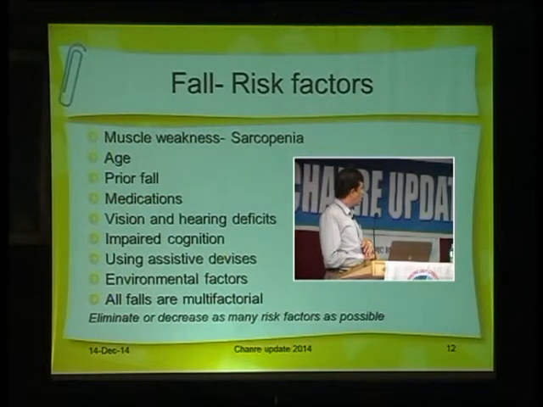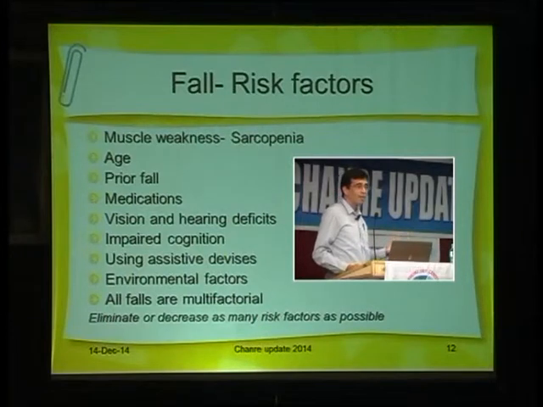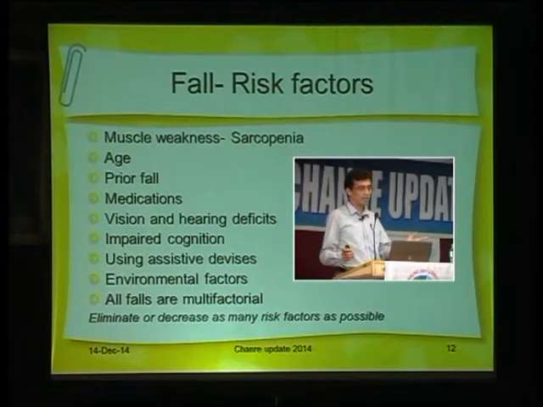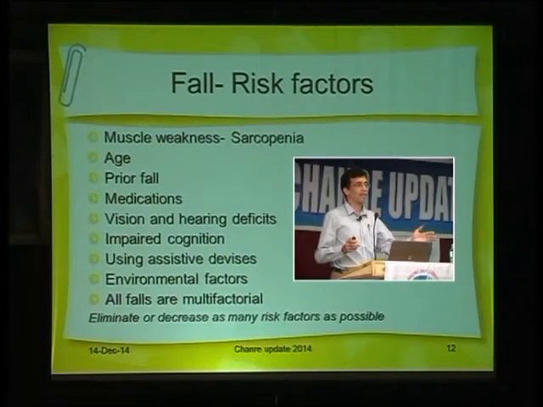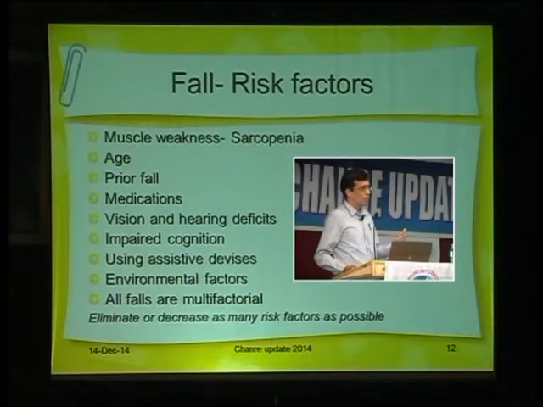And of course, environmental factors. Cluttered house. Most of our wives are very fond of changing the anatomy of the house. Suddenly they'll say, the sofa should be here. So if you have an elderly person living with you, be careful about this. They get up in the night and go to the toilet, much more frequently.